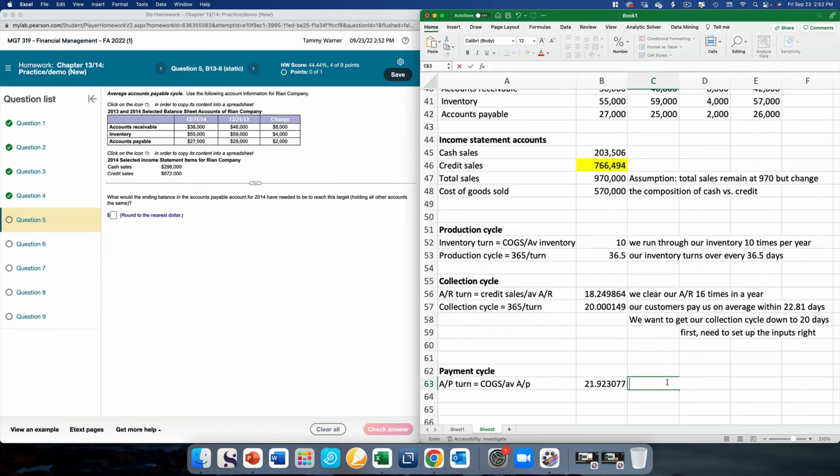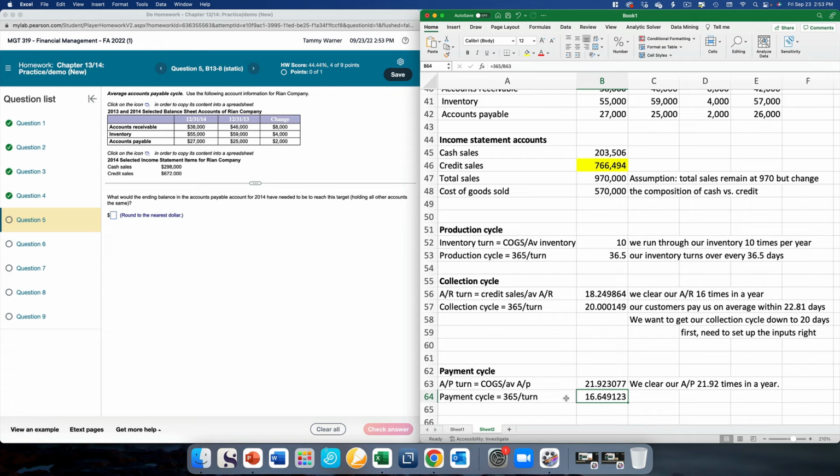So that means we clear our accounts payable 21.92 times per year. And our payment cycle is going to be 365 divided by the turn. So our payment cycle is 16.64.